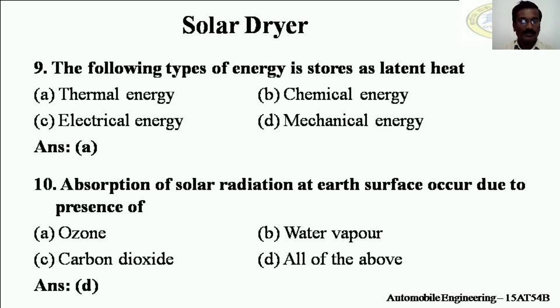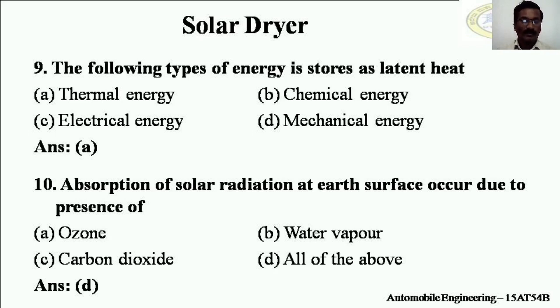Next, 10. Absorption of solar radiation at the Earth's surface occurs due to the presence of. The answers are ozone, water vapor, carbon dioxide, and D is all of them.